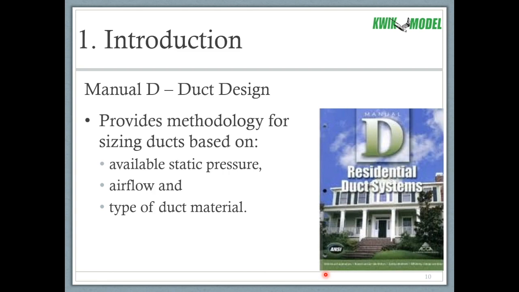So how much pressure is that fan working at? As that pressure goes up, airflow goes down. And that pressure goes up because the ducts get smaller or more twisty and turny and longer and things like that. Manual D provides methodology for sizing ducts based on the available static pressure and the desired airflow. How much airflow do you want to move through that duct?